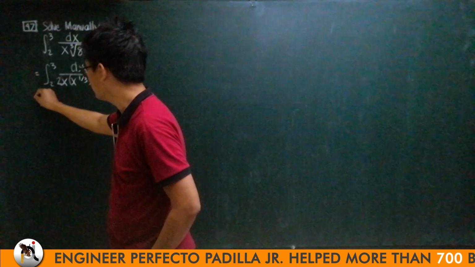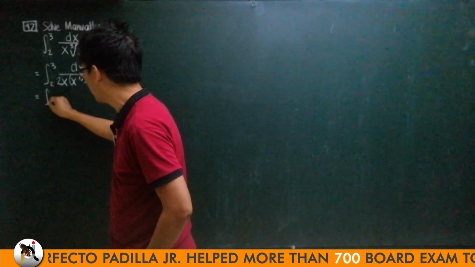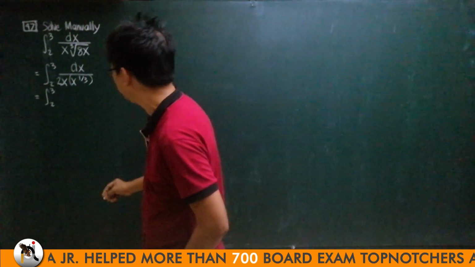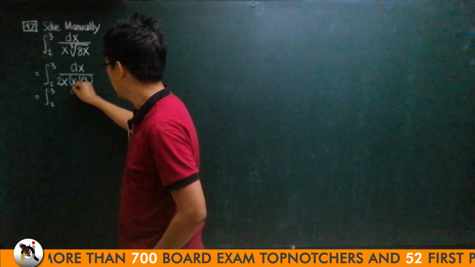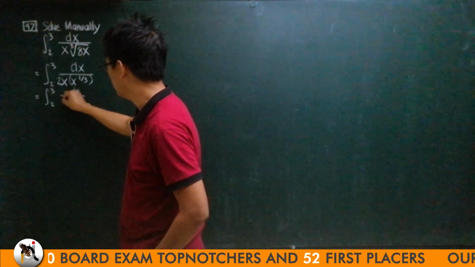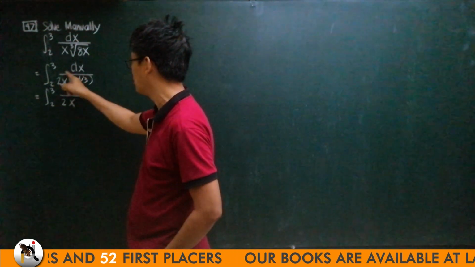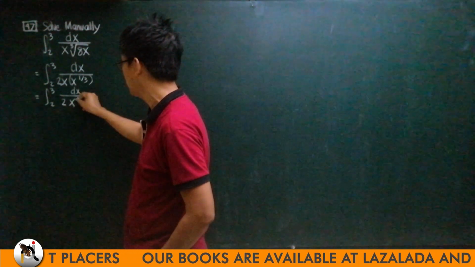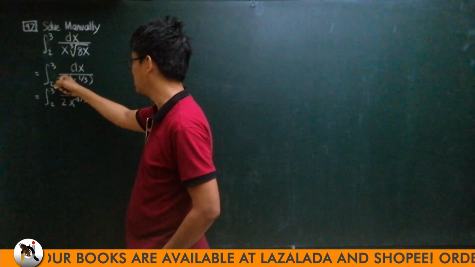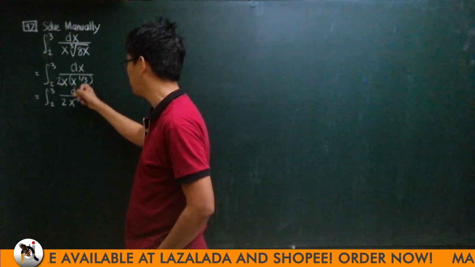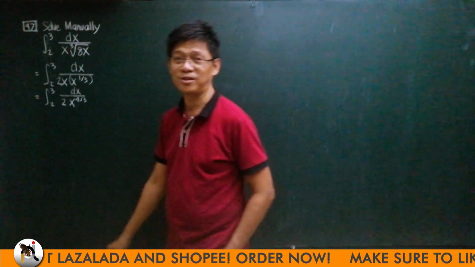So, we further simplify. This is integral from 2 to 3 of dx over 2 x to the 1 times x to the 1/3. That is x to the 1 plus 1/3, that is 4/3. So, that is 1 plus 3 over 3, that is 4/3. Okay?